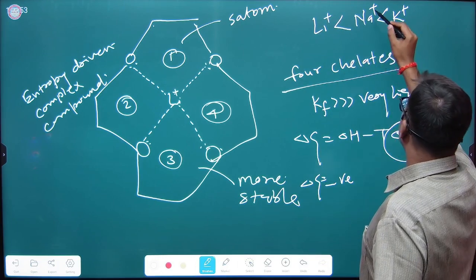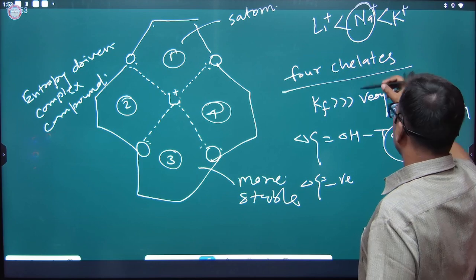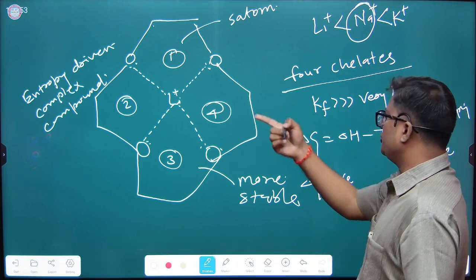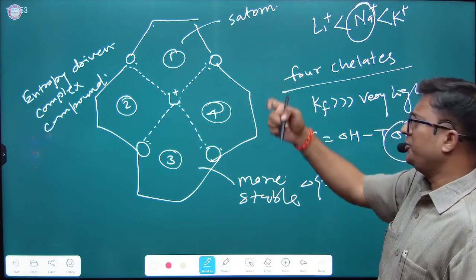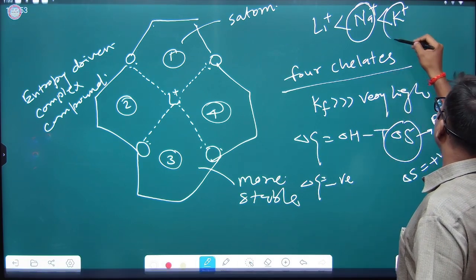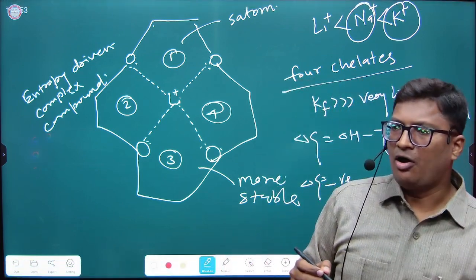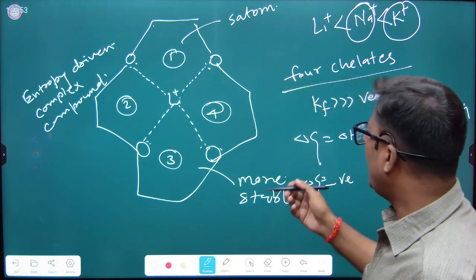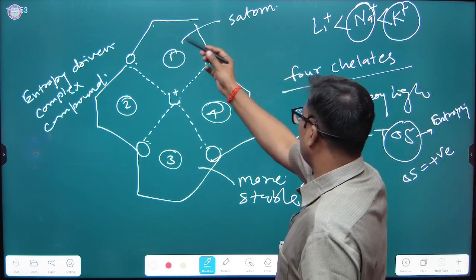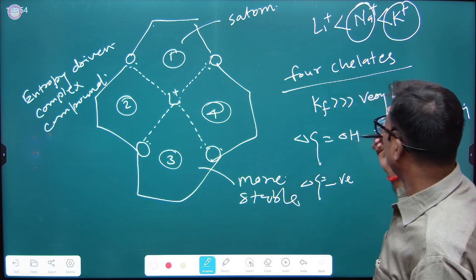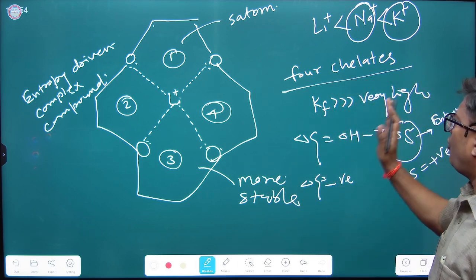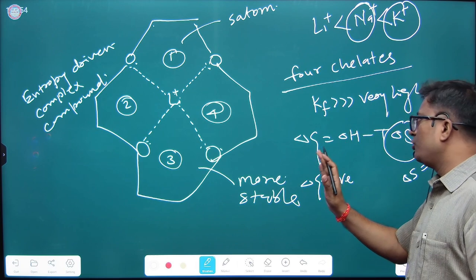So the size of the sodium plus cation is out of range of this cavity, and the size of this potassium cation also lies out of range of the cavity diameter of this crown ether. So it can't form complexes with 12 crown 4.